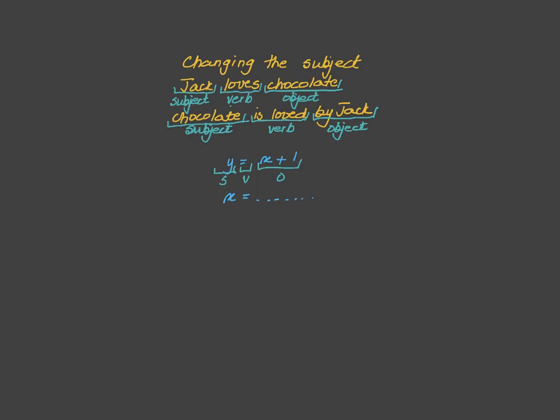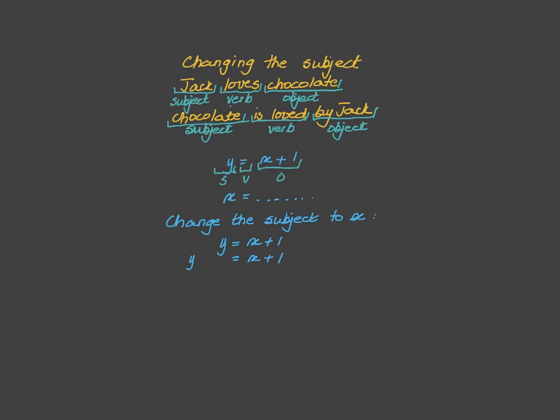Fortunately, you've just been doing equations, and those are the skills you need to solve this problem. Here's the question. Change the subject to x. Your equation is y is equal to x plus 1. You need x to be by itself. The first thing you're going to do is subtract 1 on both sides.